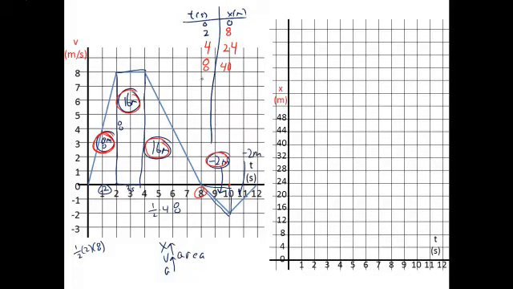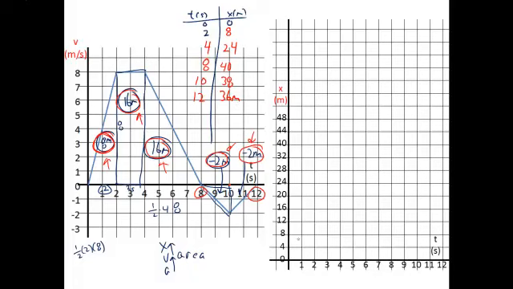After 10 seconds, I'll be at 38 meters. Then at 12 seconds, I add up the total, -2, -2, 8, 16, 16, to get a total of 36 meters. And that's what I'm going to graph out.